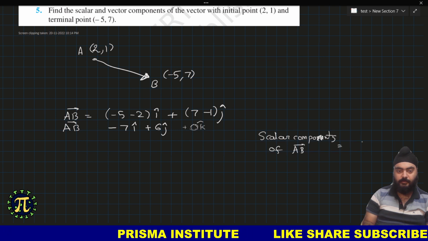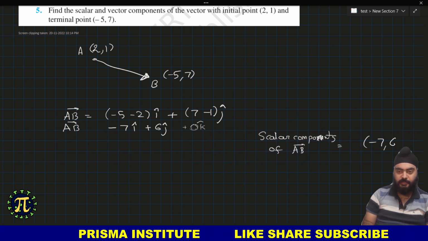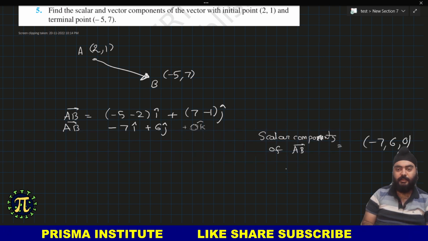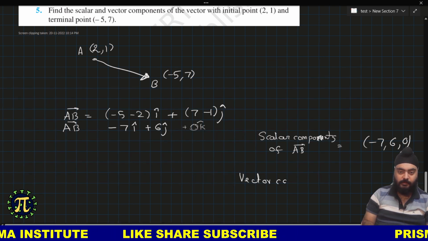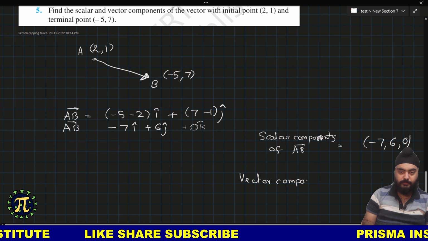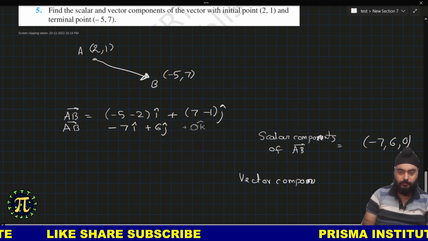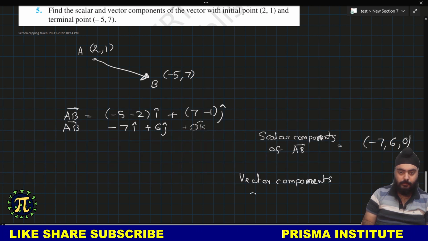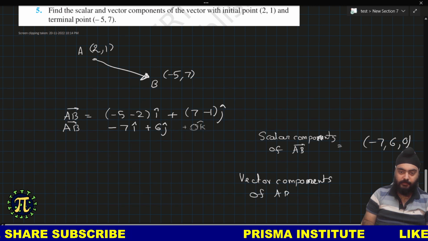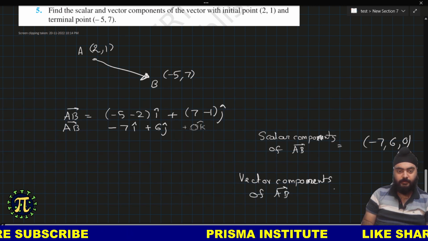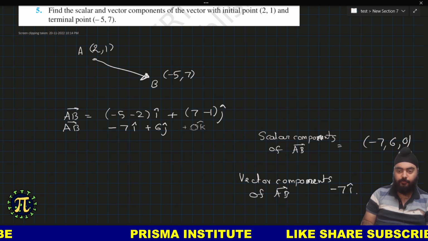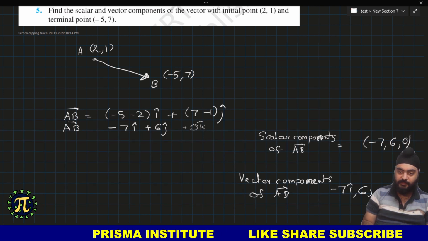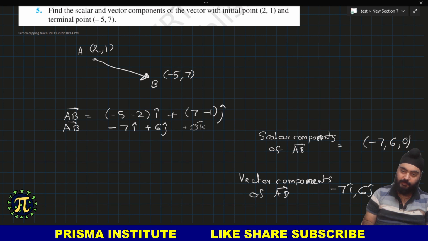So these are -7, 6 and 0, right? We have to just write the numbers. And what are the vector components of AB vector? So these are -7 i cap. So we have to put them with their direction also, right? 6 j cap and 0 k cap.